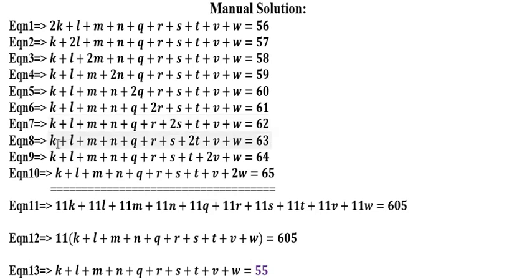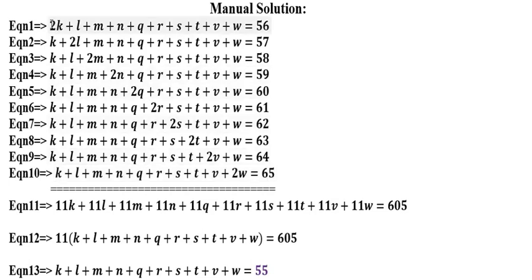Equation 8 is K + L + M + N + Q + R + S + 2T + V + W = 63. Equation 9 is K + L + M + N + Q + R + S + T + 2V + W = 64. Equation 10 is K + L + M + N + Q + R + S + T + V + 2W = 65.